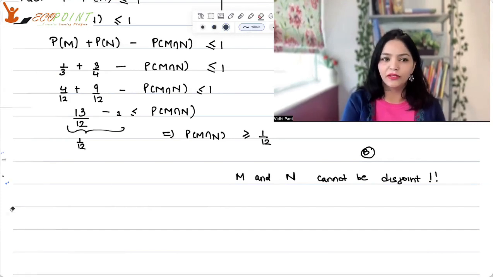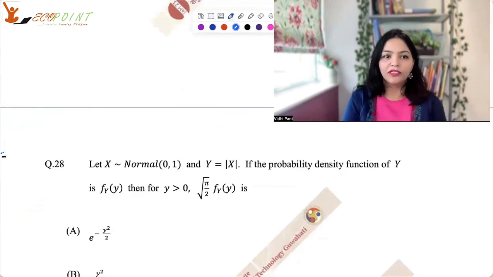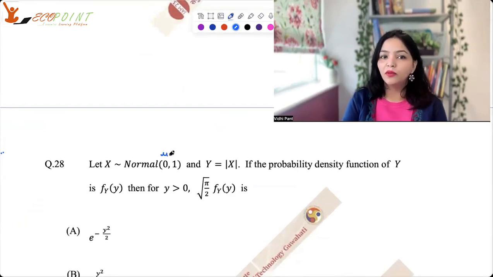The next question for today is the 28th question from this paper. Let X be normally distributed with parameters 0, 1. Normal distribution parameters are mu and sigma squared, so this is a standard normal random variable basically.